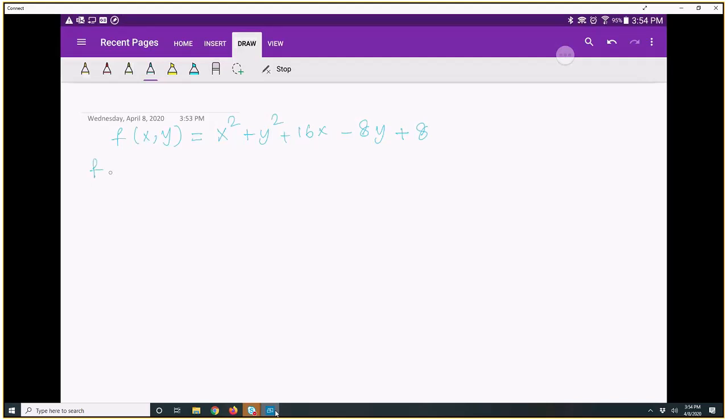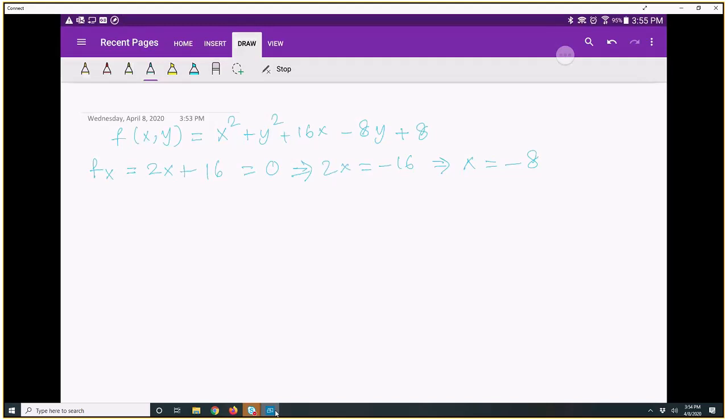So f x, derivative with respect to x, is going to be 2x plus 16. Remember the second derivative process? You set this term equal to 0 and solve for x. So 2x is equal to negative 16. Solve for x, x is equal to negative 8.